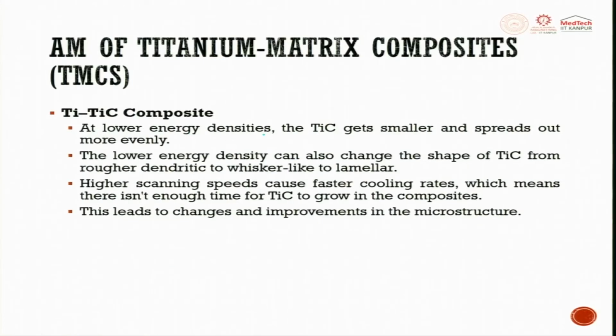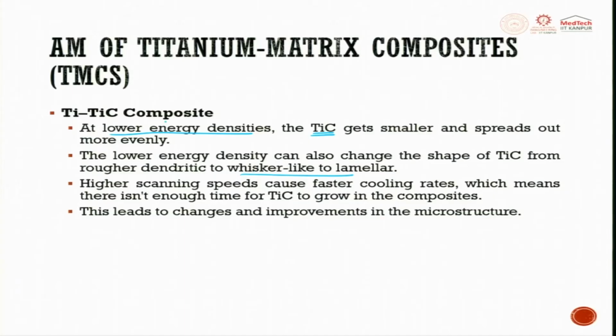At lower energy densities, the TiC gets smaller and spreads out more evenly. The lower energy density can also change the shape of the TiC from rough dendritic to whisker-like to lamellar. So, rough dendrite.